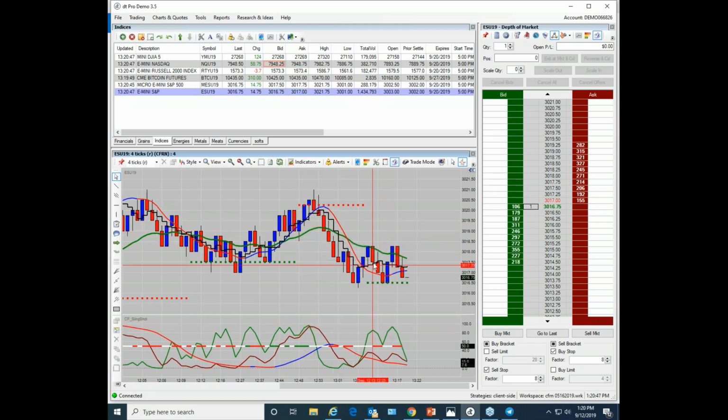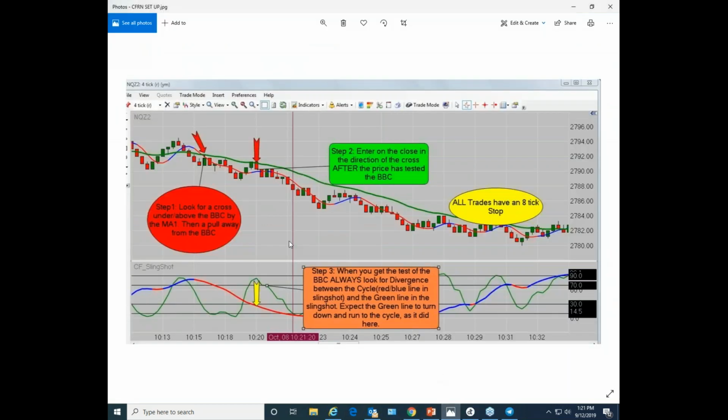If you stare at the ES chart right now, we had a bearish cross. The MA1 is red. The normal thing for the market to do is pull back to the green line, which we did here. We're looking for a touch and then a close in the direction of the trend. So you're looking for a red candle. So that is step number 2.